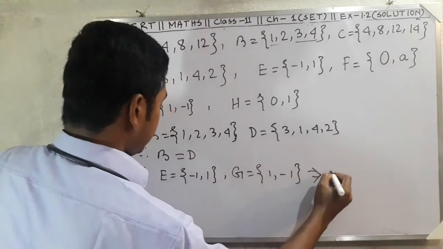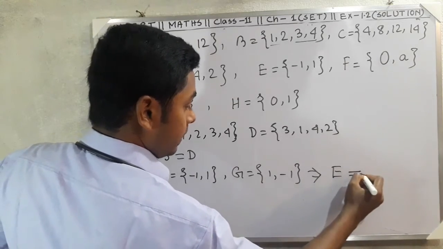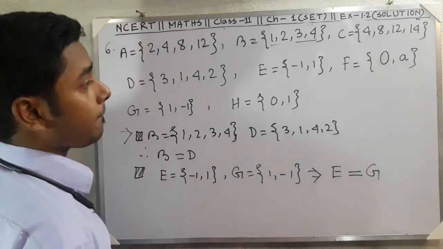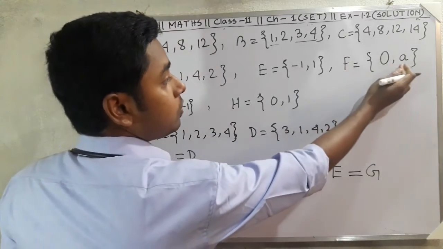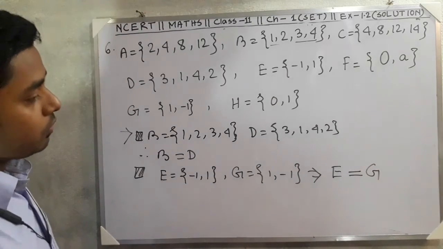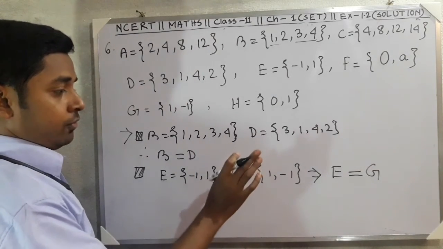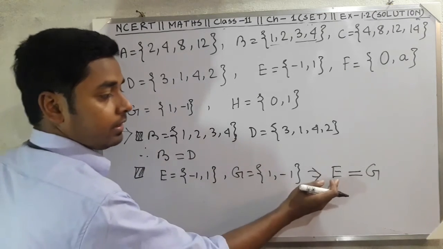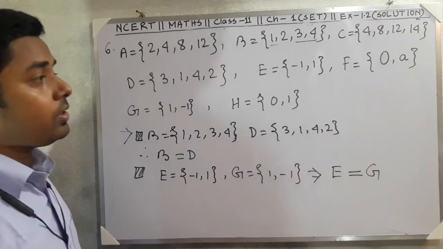So it implies E is equal to G. Okay, and then F is equal to 0, and the others are not equal. So now we have got only two pairs of equal sets. That means B is equal to D and E is equal to G.